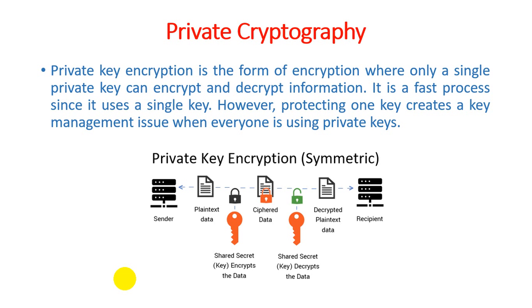So guys, whenever we compare cryptographic methods, you must remember there are two basic types: public key cryptography and private key cryptography. Whenever we discuss public key cryptography, remember that it uses two different keys for encryption and decryption, a public and a private key.